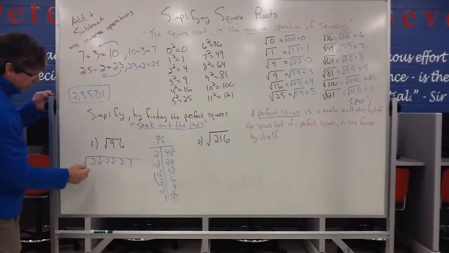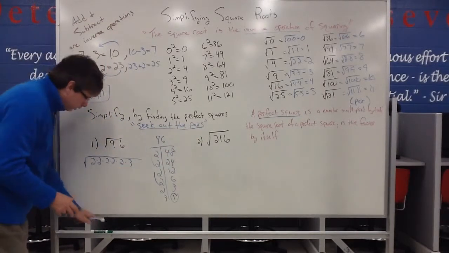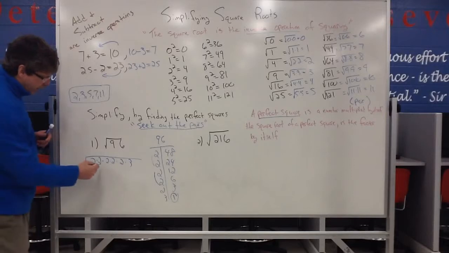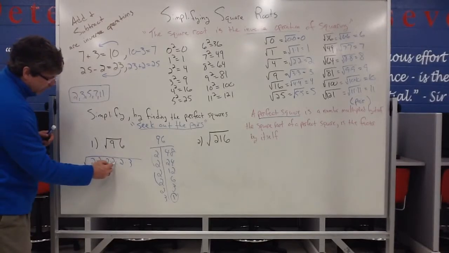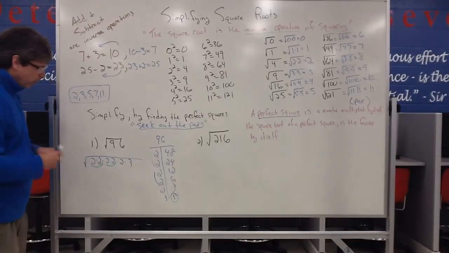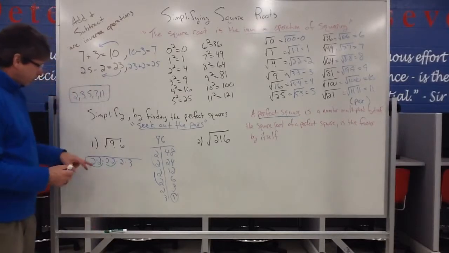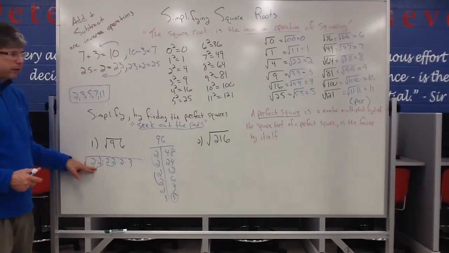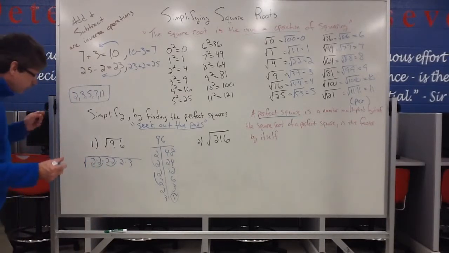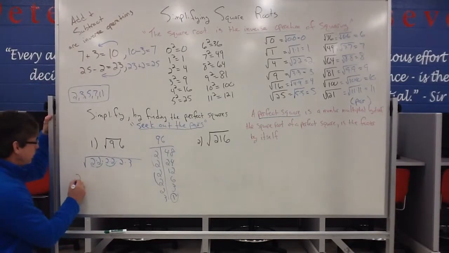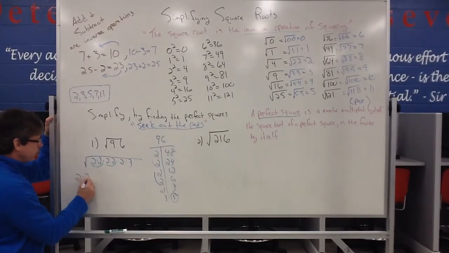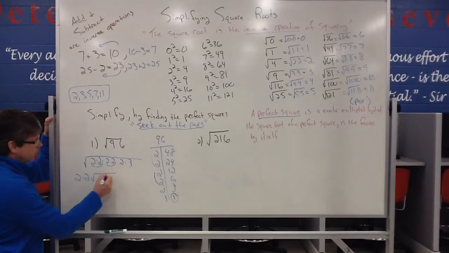So what I want to do is pair them up. And notice how I have a pair of 2's here, and I have another pair of 2's there. What that tells me is these are perfect squares, and the answer is just that 2 itself. So what this tells me to do then is bring a 2 out, bring another 2 out, and I'm left with a 2 and a 3 on the inside.